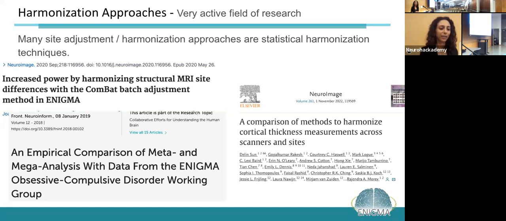We do have actually an open challenge at CDMRI this year, as part of MICCAI, it stands for Computational Diffusion MRI workshop, that is actually asking just that, like, can someone come up with good diffusion harmonization tools? So there are different levels of harmonization. You can harmonize the raw image. So there are some papers that have been published for that. And then you can harmonize also the extracted features.